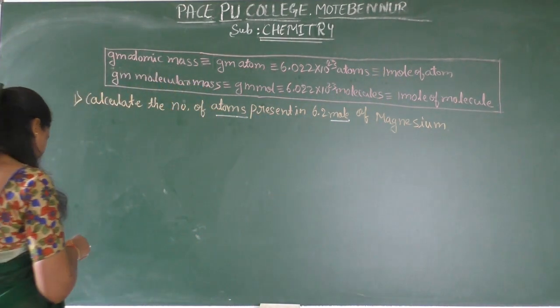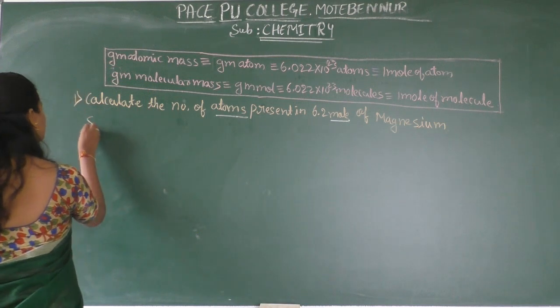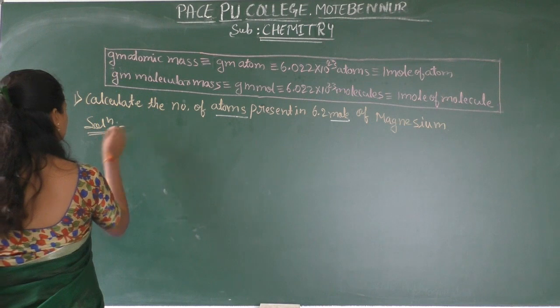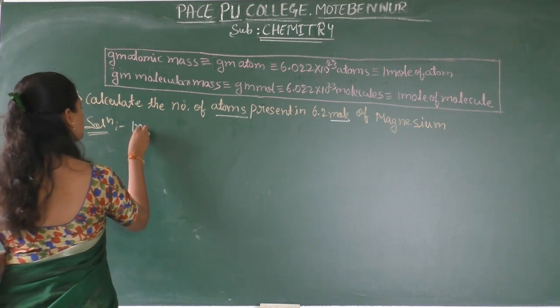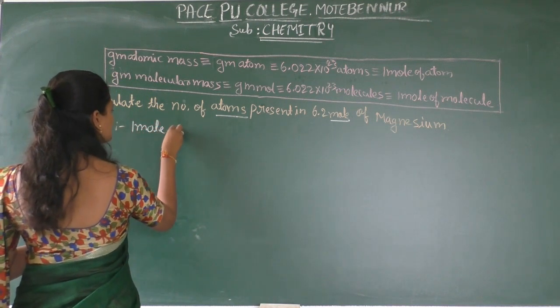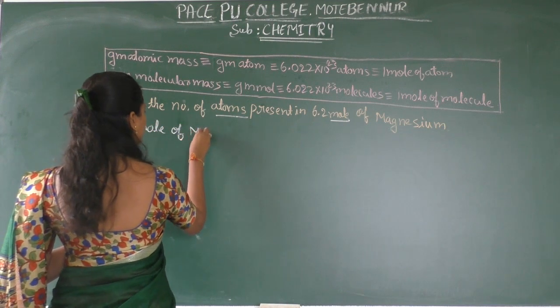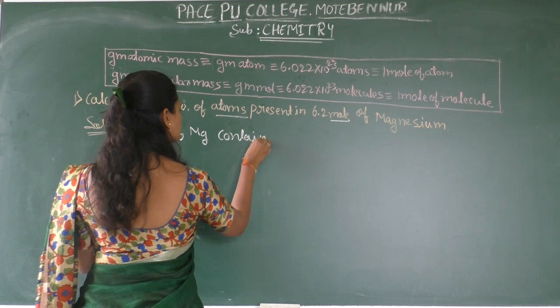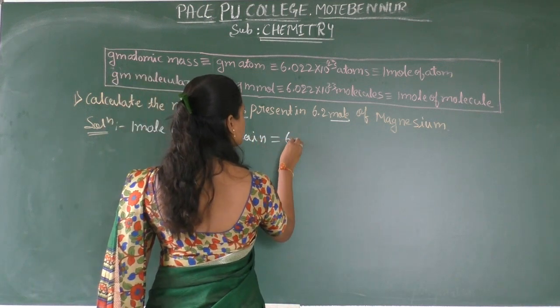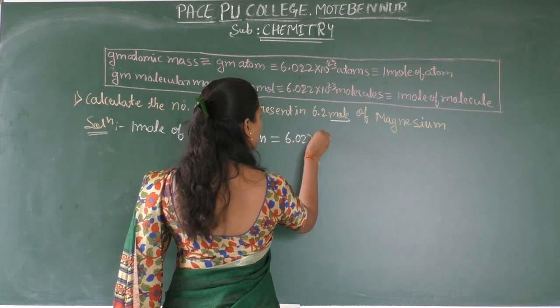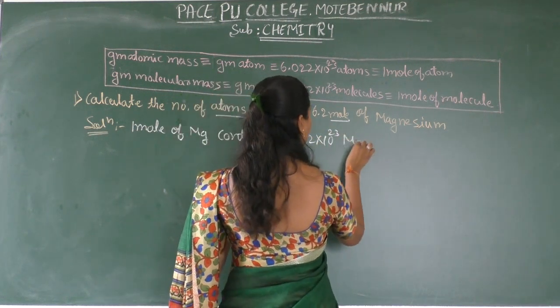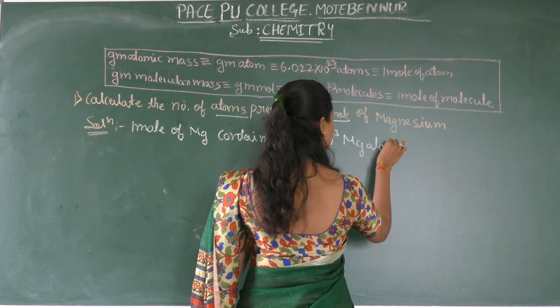Okay, so here the solution: 1 mole of magnesium contains 6.022 into 10 raised to 23 magnesium atoms.